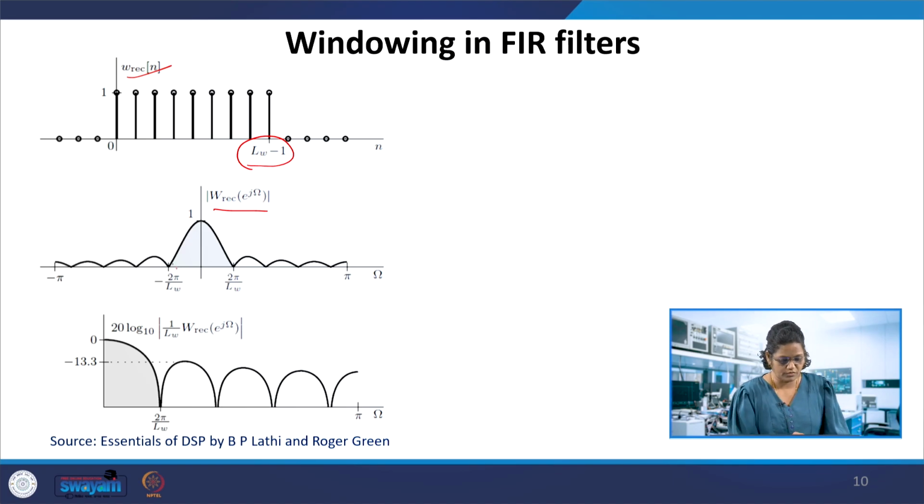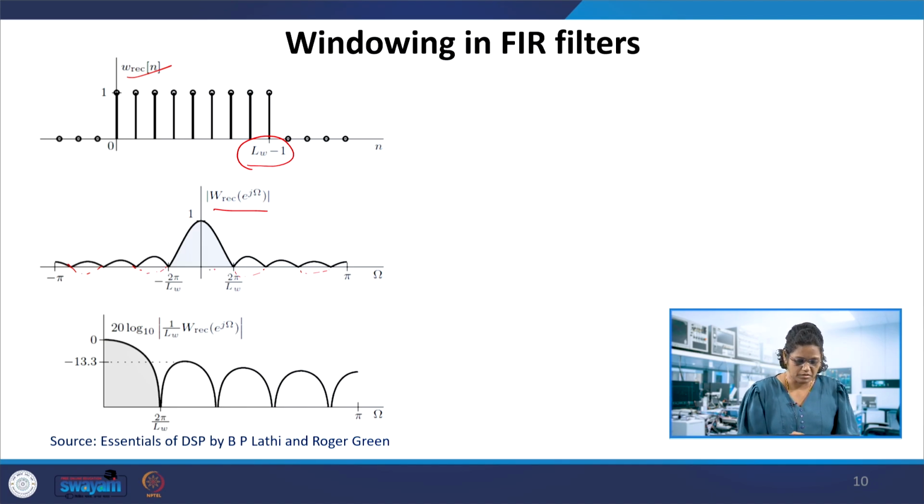When we take the magnitude of W(e^jω), all the sinc values become positive. So the rectangular function gives the sinc function in the Fourier domain, and the frequency response is a sinc function.